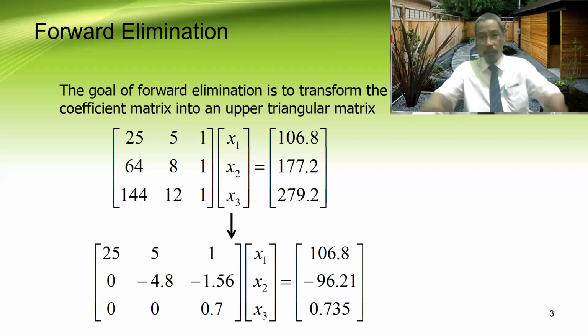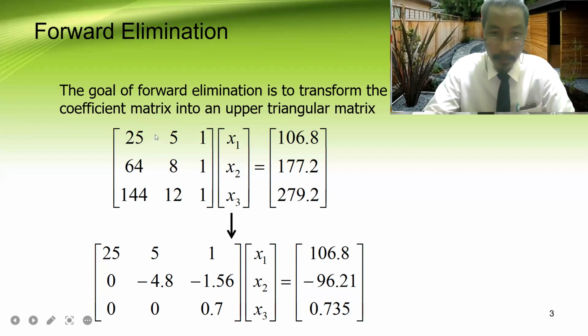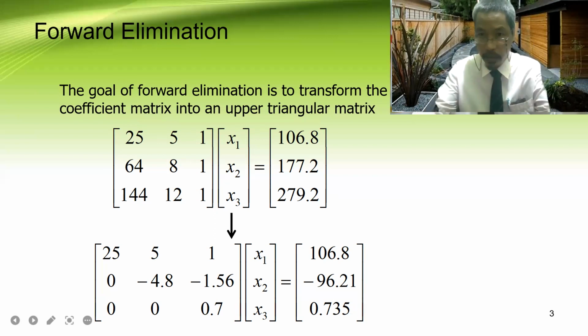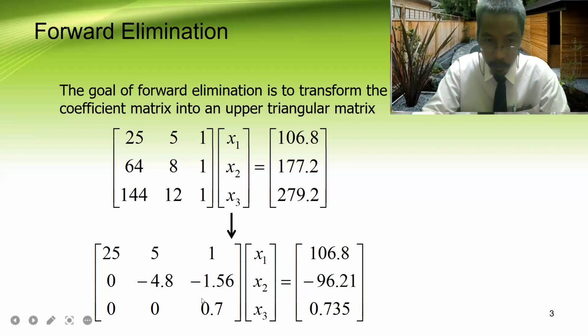So this is the given equation, written in the matrix format, and then forward elimination makes this matrix become like this matrix. What do we mean by this matrix? An upper triangular matrix. This is a triangle. Why?